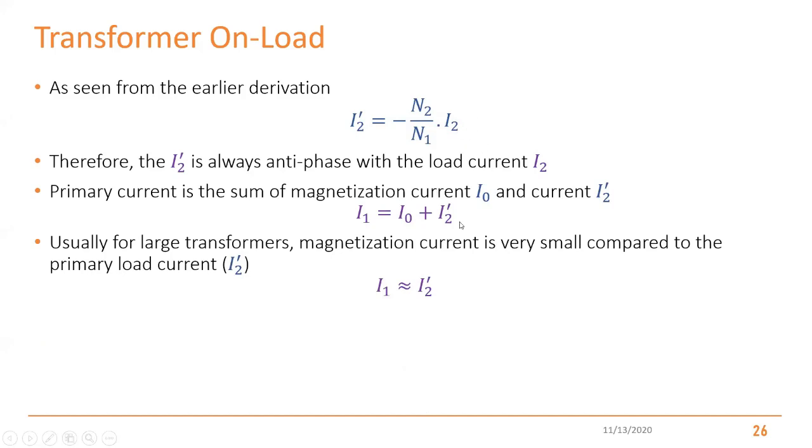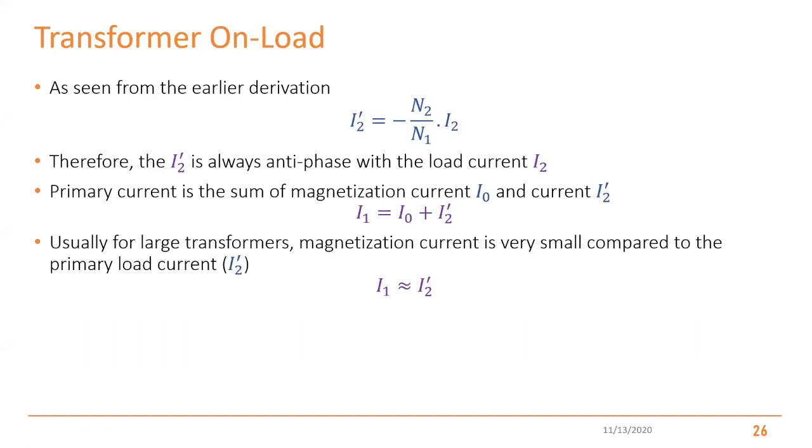Since there is a minus sign, it indicates that the I2 dash phasor is always in antiphase with the load current phasor I2. Those are important when we construct the phasor diagram, so it is very important to understand this minus sign.